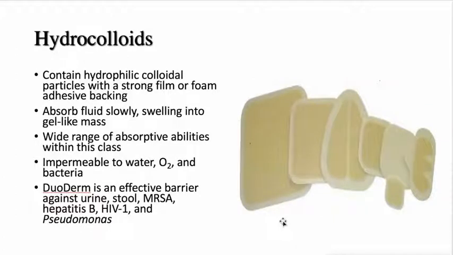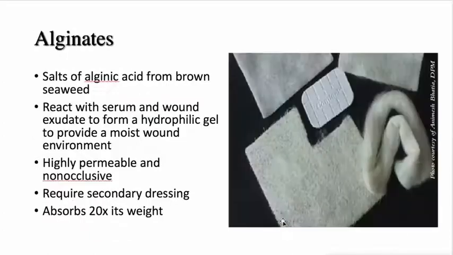Hydrocolloids contain hydrophilic colloidal particles. They absorb fluid slowly. They swell into like a gel. So they're impermeable to water, oxygen, and bacteria. DuoDerm is an example. That's an effective barrier against urine, stool, and MRSA or hepatitis B or HIV-1 and Pseudomonas.